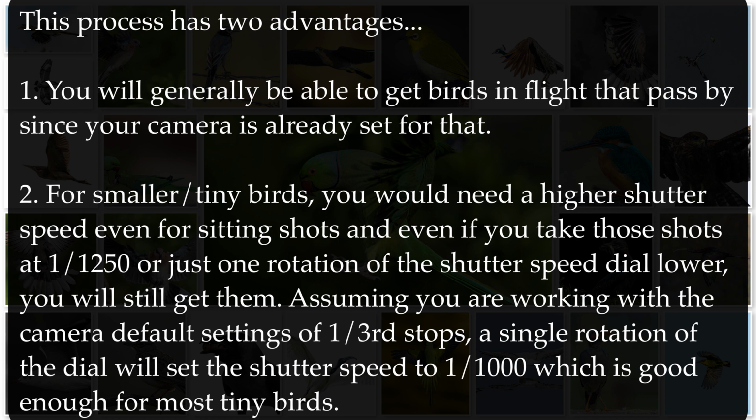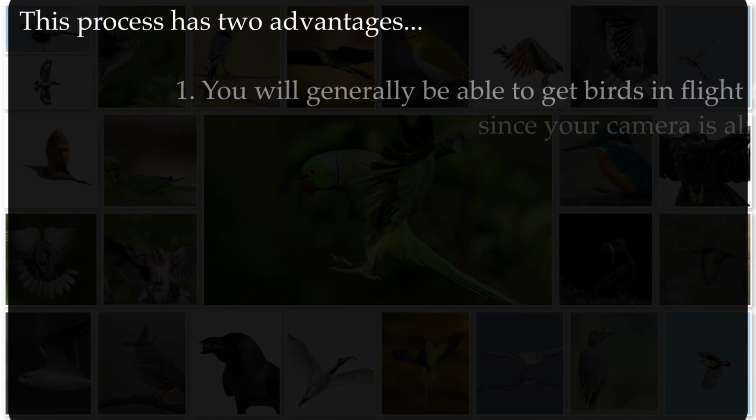And even if you take those shots at a 1250th or a 1600th, or just one rotation of the dial to change the shutter speed, you will still get them. Assuming that you are working with the default camera setting of one-third stops, a single rotation of the dial will set the shutter speed to 1000th, which is good enough for most tiny birds.